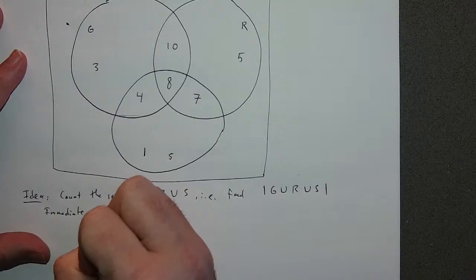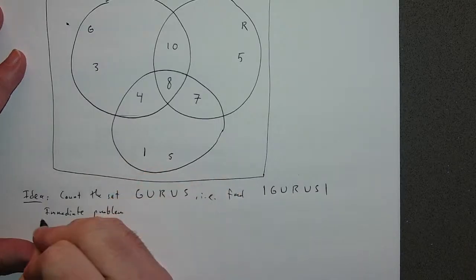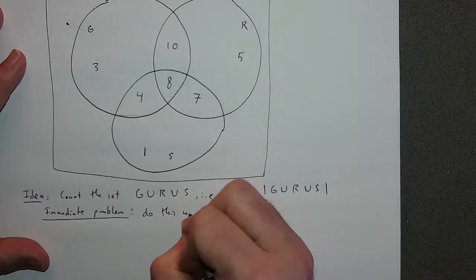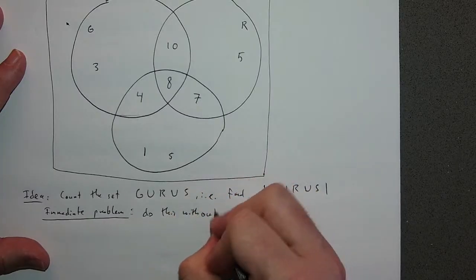Immediate problem: do this without double counting, or triple counting, even.